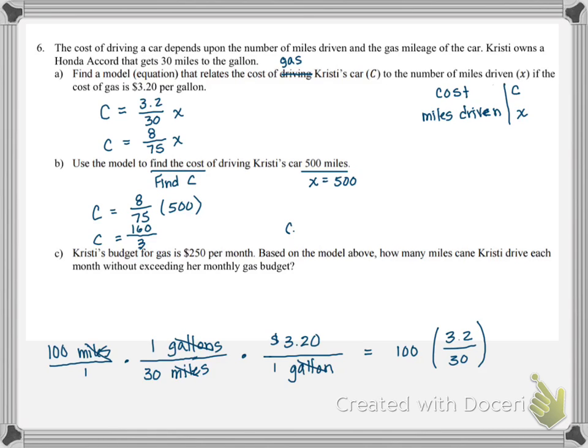So the cost is 53.3, and we want to go 2 digits, so it's in dollars and cents, right? So rounding to the nearest cent is 2 decimal places.